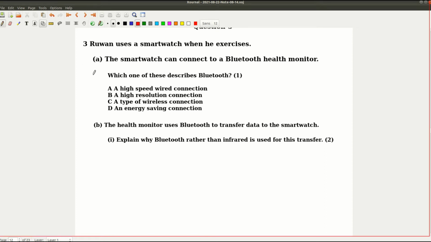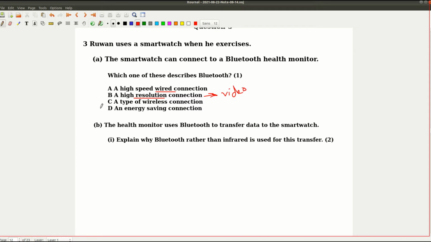If we look at a high-speed wired connection, no, Bluetooth is not a wired connection, right? A high-resolution connection, no, high resolution is used for what? For a TV screen, sorry, high resolution actually means video.